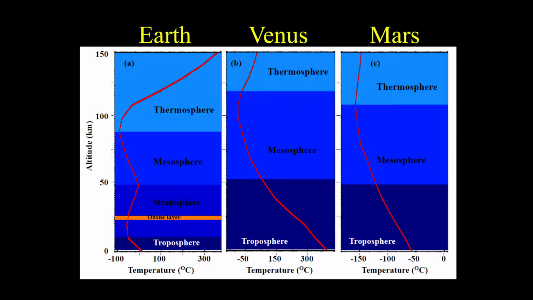The Martian atmosphere is very thin and composed mainly of carbon dioxide, with some nitrogen and argon. The thin atmosphere also increases the variability of the planet's temperature.